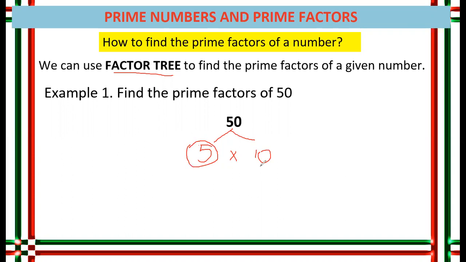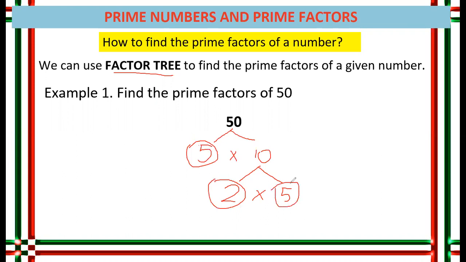Is 10 a prime number? No, so let's draw a branch of the tree. So what are the factors of 10? It's correct, it's 2 times 5. Now let's check, are 2 and 5 prime numbers? Yes, so we are going to circle them.